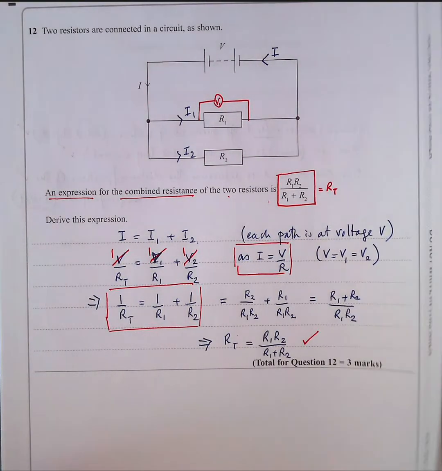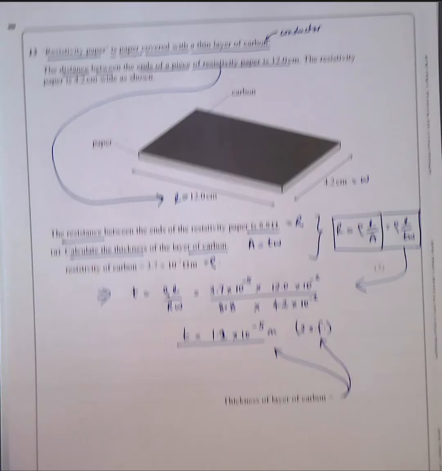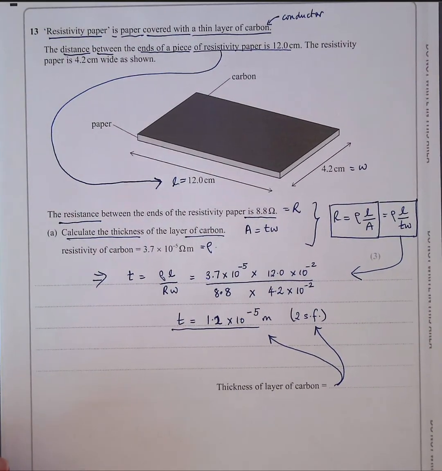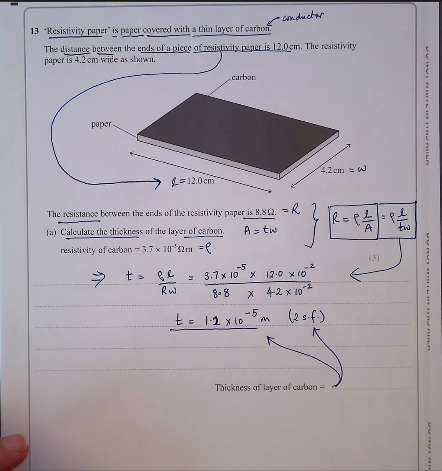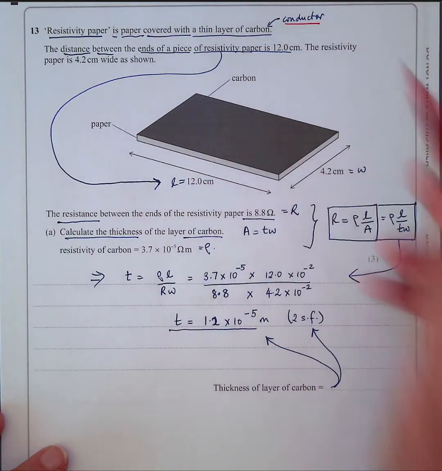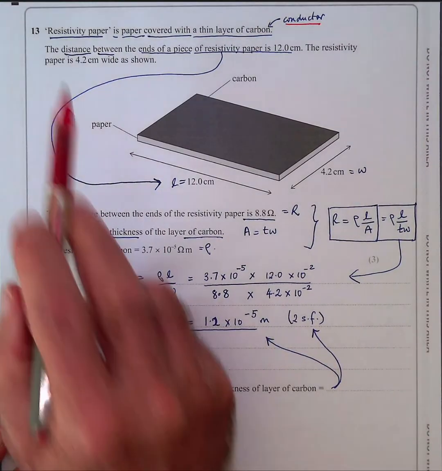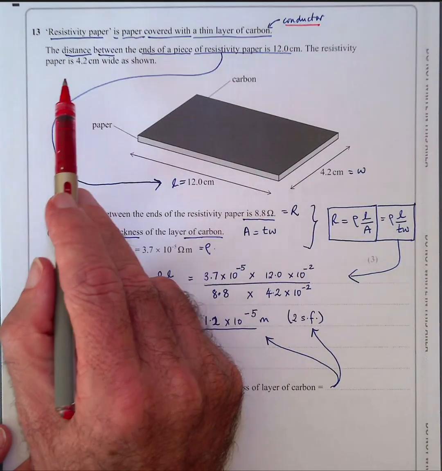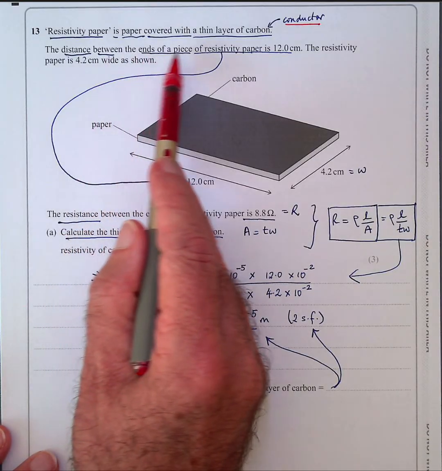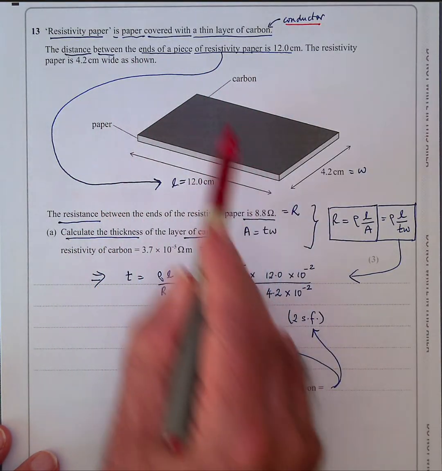Question 13, continue with electricity. Bear with me. Question 13 is using something called resistivity paper, which is paper covered with a thin layer of carbon, and you know carbon is a conductor. So it's a non-metallic conductor. The distance between the ends of the piece of resistivity paper is 12 centimeters, so across there is 12 centimeters.